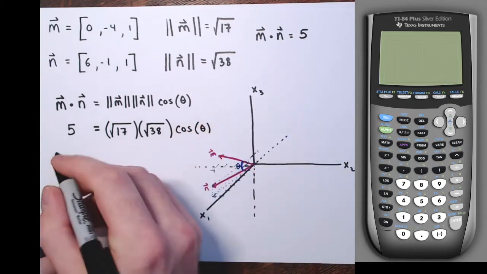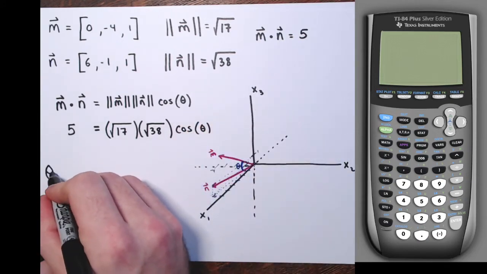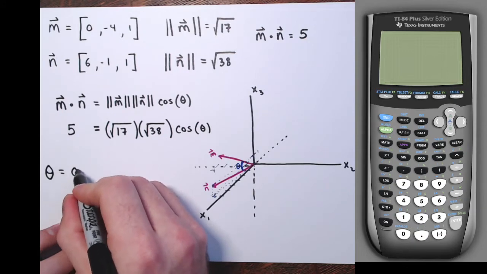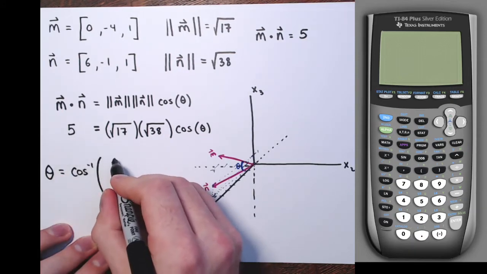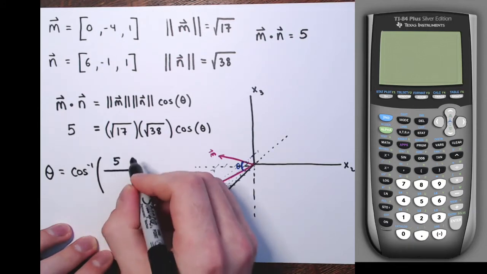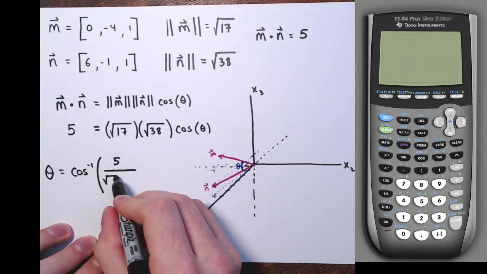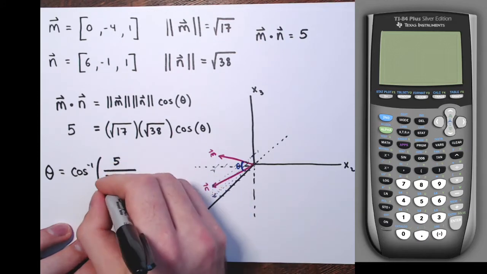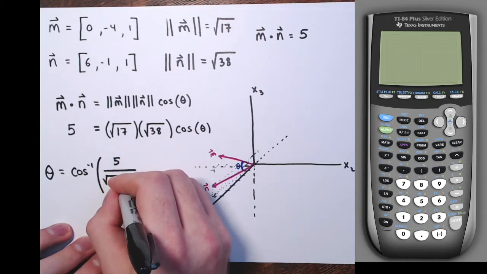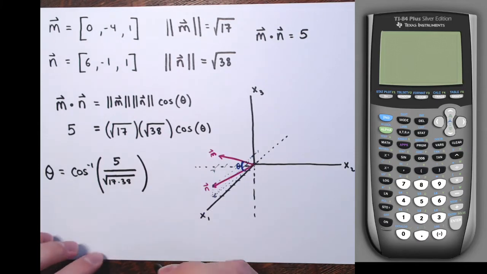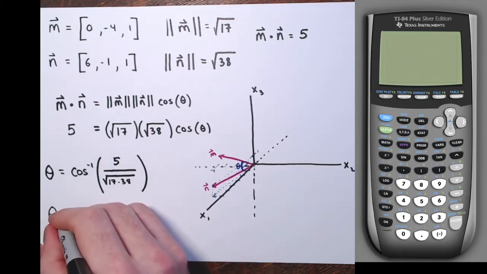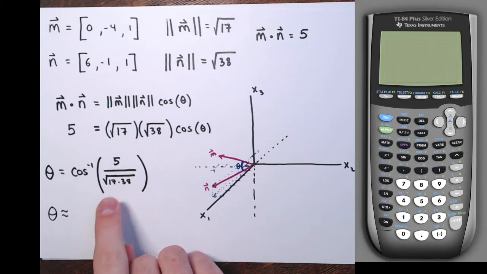Now hopefully you can see here that theta will end up being the inverse cosine of the dot product, 5, divided by the product of the magnitudes, right? I'm just going to enter it this way in the calculator. Whatever 17 times 38 is, you have the square root of that. So we'll have theta is approximately, whatever this number is.